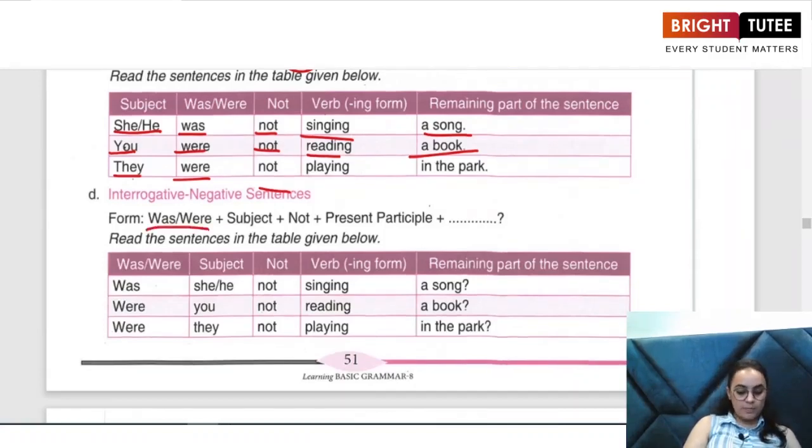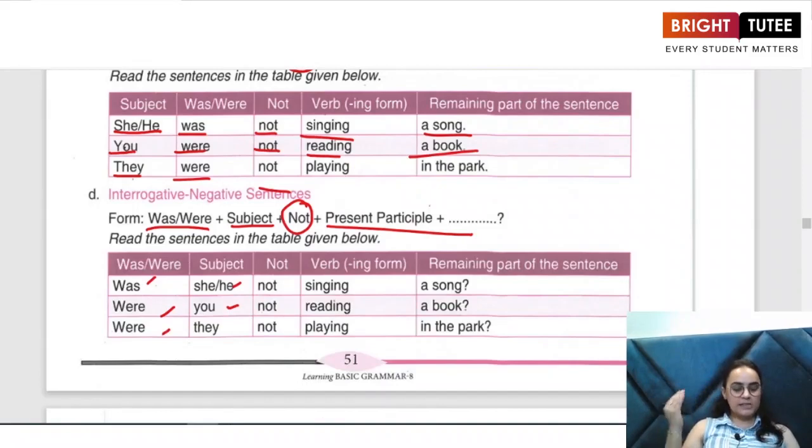Was or were plus the subject plus not plus the ing form of the verb. For example, was she not singing a song? Were you not reading a book? Were they not playing in the park?